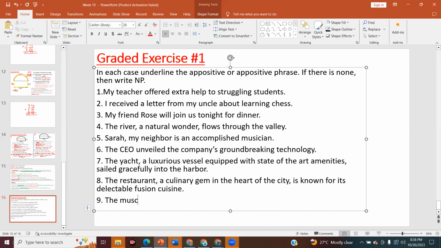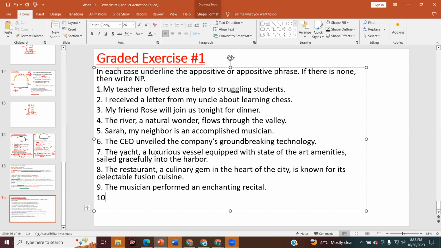The musician performed an enchanting recital. And number 10.